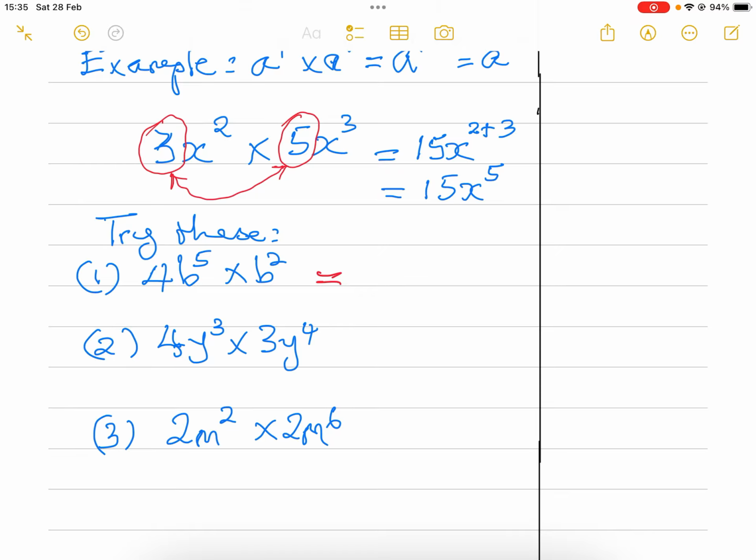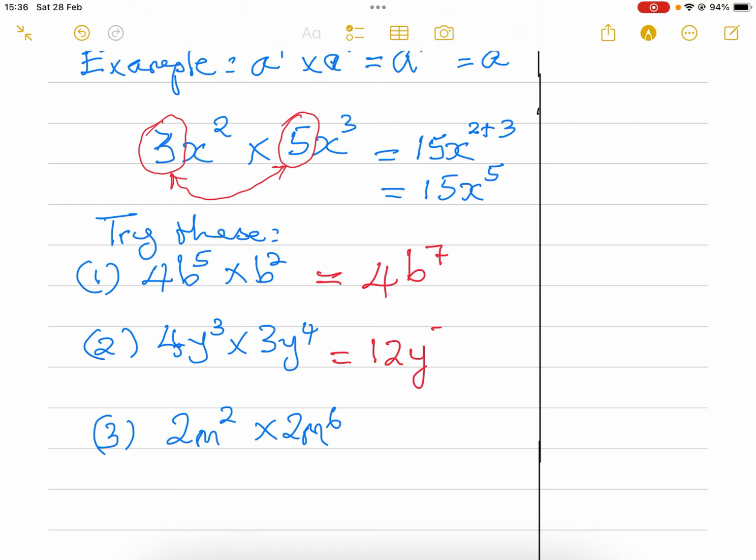Now let's solve together. The first one, equal to four times 1. The coefficient of b raised to power 2 is 1. So we have 4b, 5 plus 2, 7.